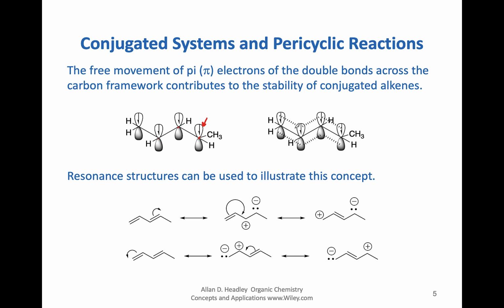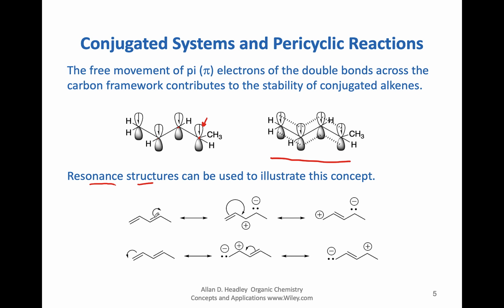So here's another way of representing that concept. We can put dotted lines to show that these electrons are freely moving across the carbon skeleton. That's of course very difficult to draw also, because we got to draw all the p orbitals. Another representation that's typically used in organic chemistry and that we are very familiar with is that of resonance structures. So here are the resonance structures that illustrate the electron movement by using arrows to indicate these movements.